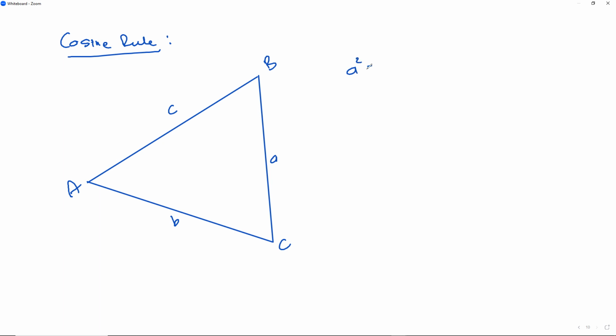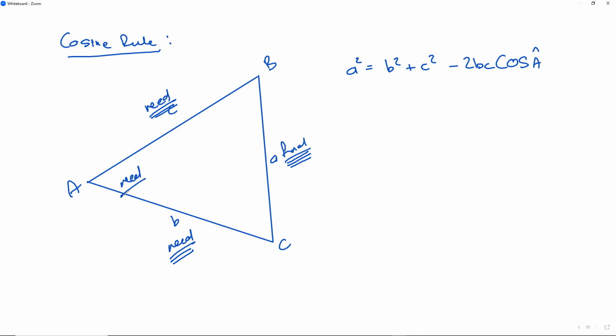The formula is a squared equals b squared plus c squared minus 2bc cos of angle A. What you notice is, if I want to find this side, I need this side, this side, and the angle in between, which is A. You notice b is repeated twice in the formula. So I need this side, the angle in between, and that gives me the opposite side.